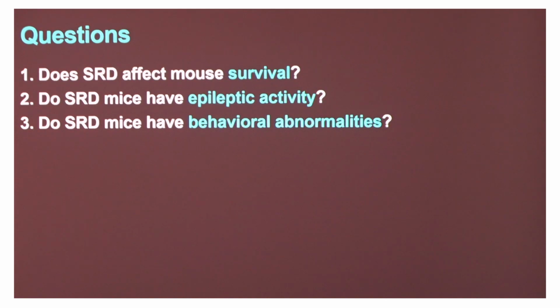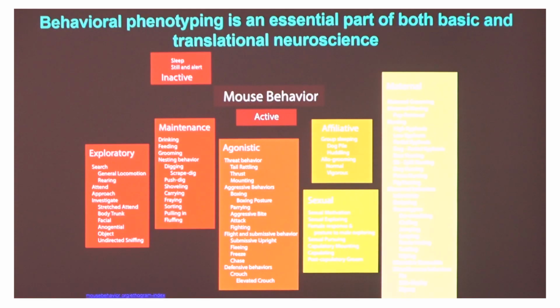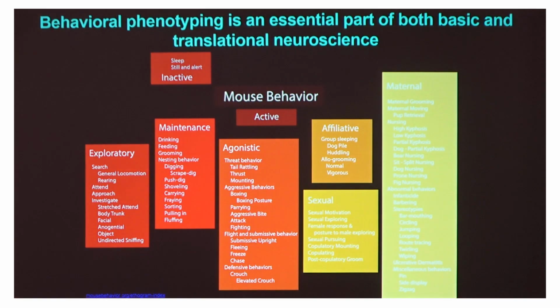So the next question is about the behavioral abnormalities in these animal models. We know that behavioral phenotyping is an essential part of both basic and translational neuroscience, and there are a lot of mouse behaviors that can be quantified. We have inactive behaviors, we have exploratory, maintenance, agonistic, affiliative, sexual, and maternal behaviors.